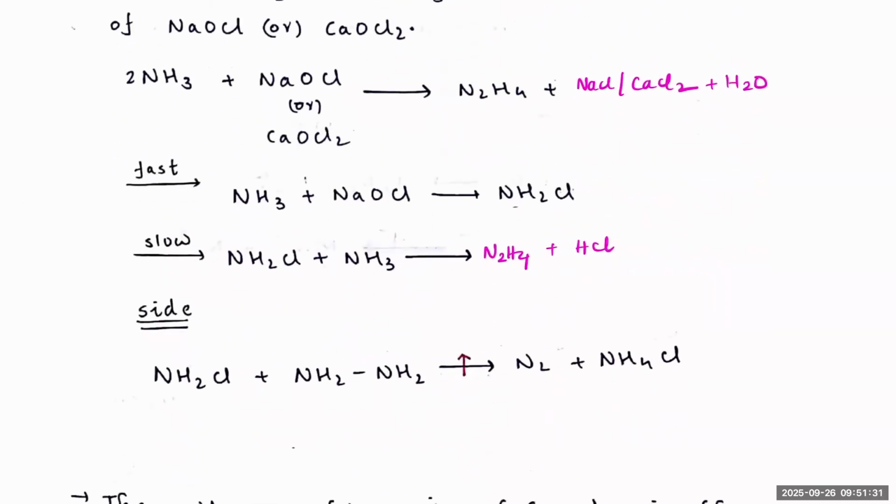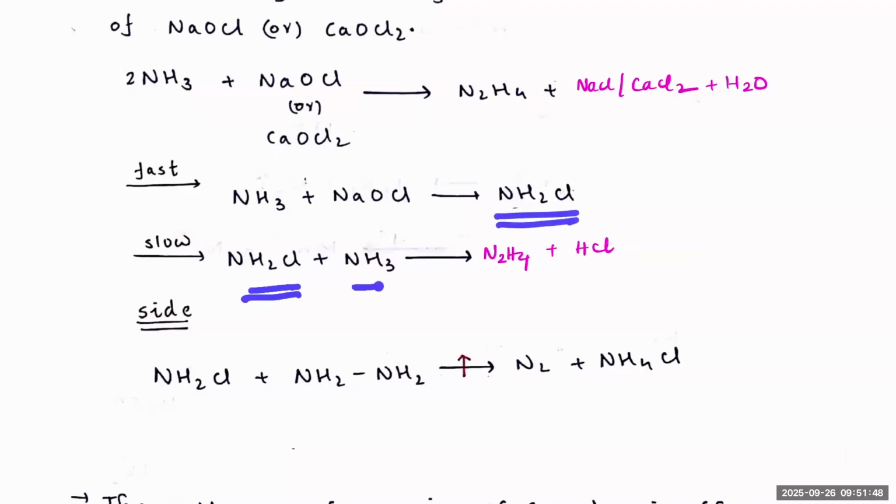See how the reaction proceeds. The first step is that OCl minus interacts with ammonia and converts it into NH2Cl. And NH2Cl will again interact with ammonia, so HCl will come out and N2H4 will form.